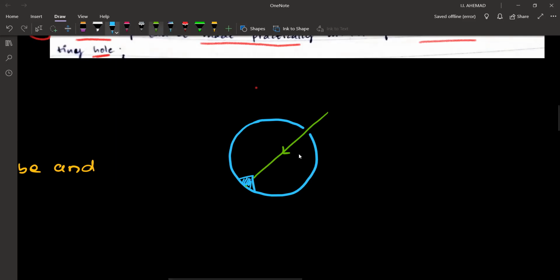During every reflection, a certain amount of energy is absorbed, right?